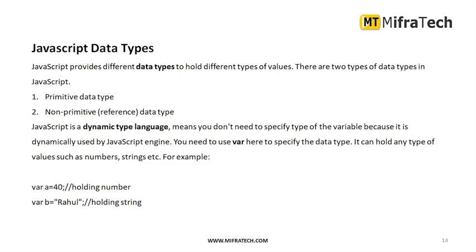You need to use var to declare it. It can hold any type of value such as numbers and strings. For example, var a = 40 takes an automatic data type, called int. var b = "Rahul" holds a string data type.